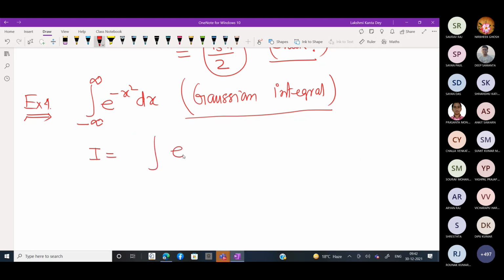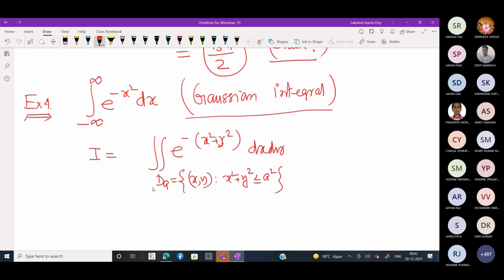What is that? e to the power minus (x square plus y square) dx dy over dA. What is dA? dA is nothing but the set of (x, y) such that x square plus y square is less than or equal to a square. This I would like to find.